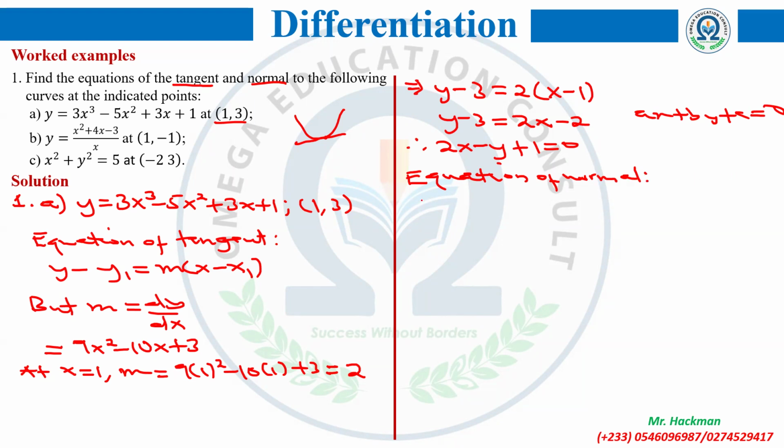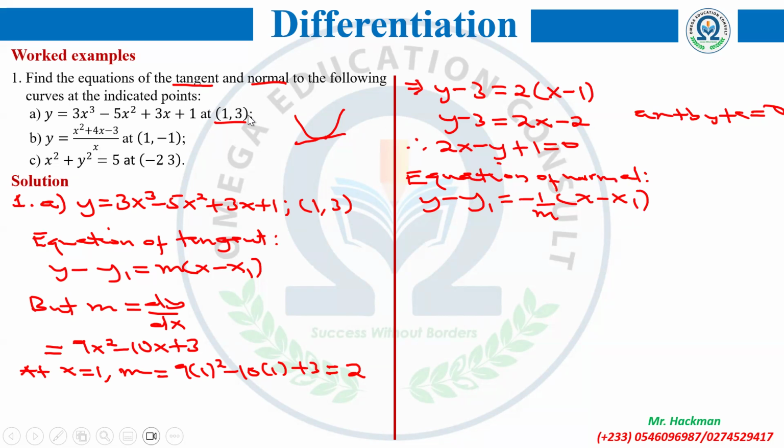And that will give us y minus y1 is equal to, its gradient will be perpendicular to the gradient of the tangent, so it will be minus 1 over m, into x minus x1. So here, all your parameters you know. M, you have found it, so you don't go and find it again. This m is the gradient of the tangent. x sub 1, y sub 1 is the same x sub 1, y sub 1.